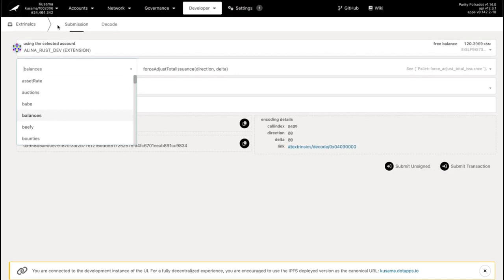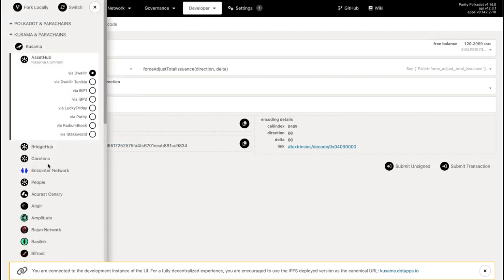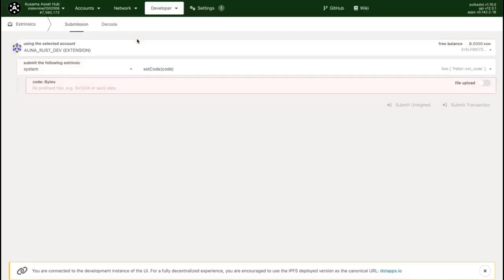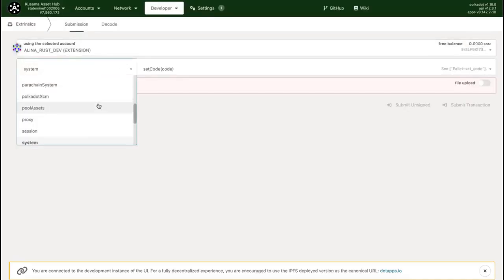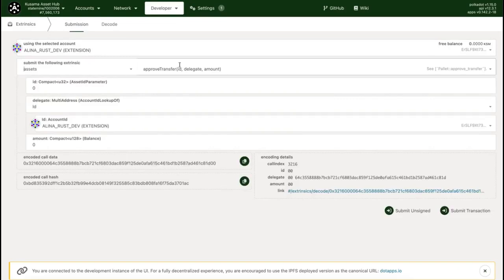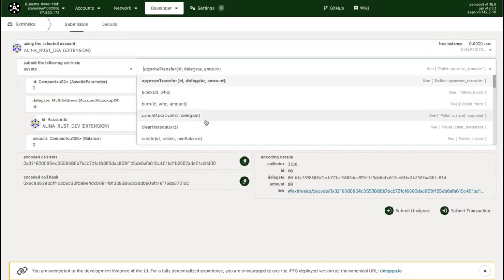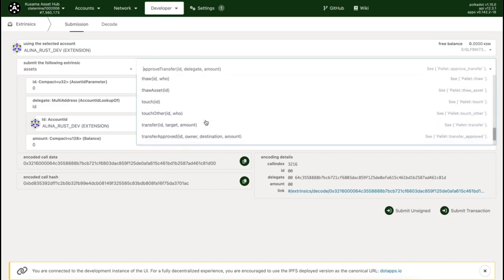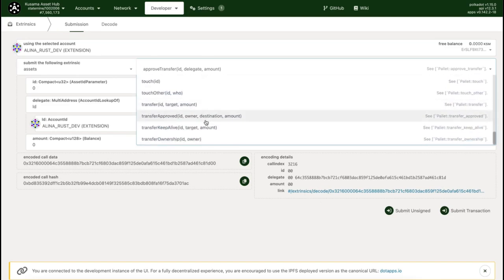Oh, so Kusama and Polkadot, as it was mentioned earlier, don't use the assets pallet because these are projects with only a native token, KSM for Kusama and DOT for Polkadot. So we need to find, for example, Assets Hub, which is a good example for taking a look at the assets pallet because they use all of the extrinsics that are mentioned in the pallet.